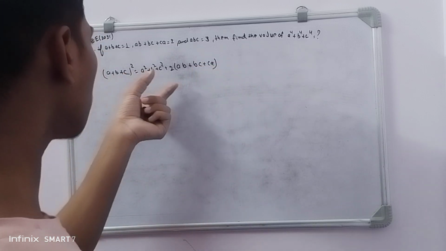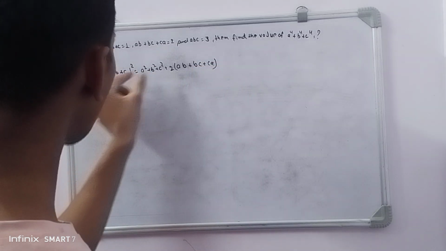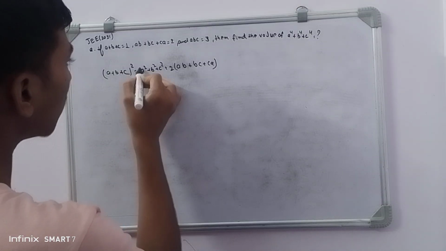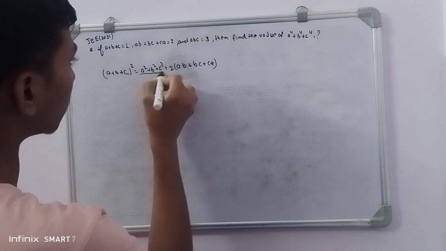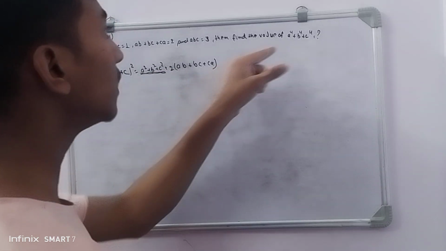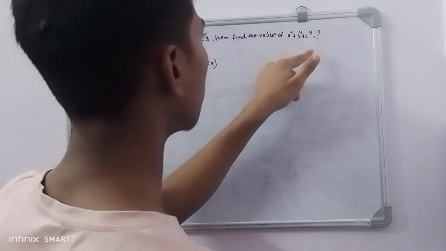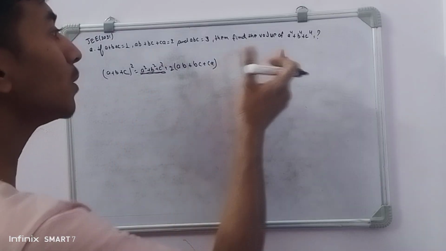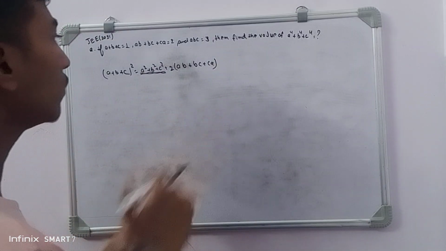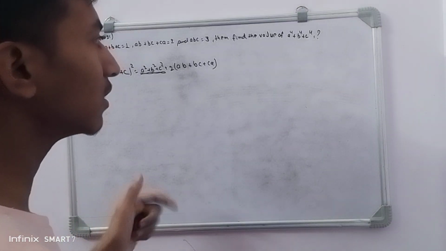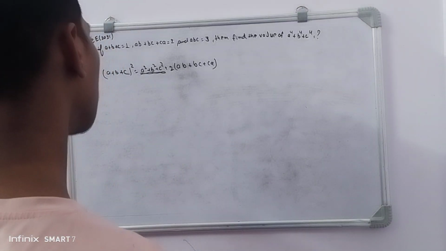And think that when you square a square plus b square plus c square, you will get the powers a to the power 4, b to the power 4, c to the power 4. So just go with the solution and the simplification, and then you will be able to find the answer.